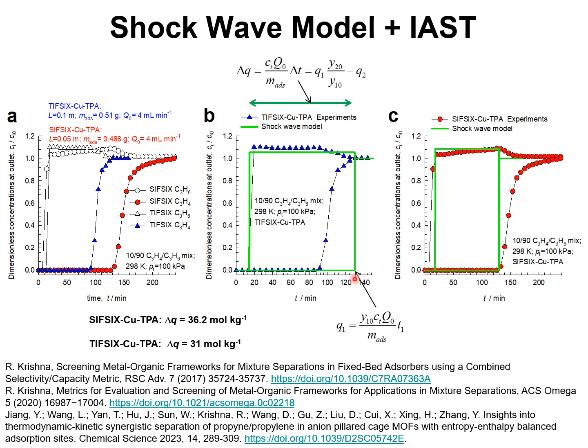The component loading q1 for propyne is simply equal to the mole fraction of propyne at the inlet, y10, times the molar concentration of the gas mixture at the inlet, C_T, times the volumetric flow rate, Q0, divided by the mass of adsorbent, times the breakthrough time, T1.